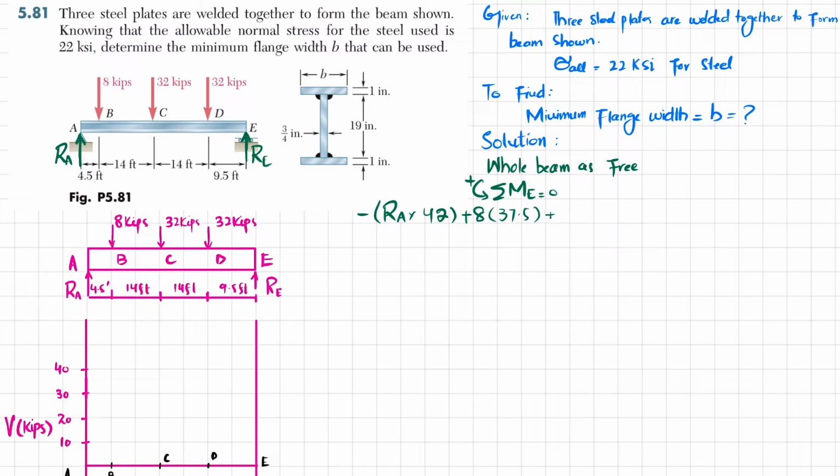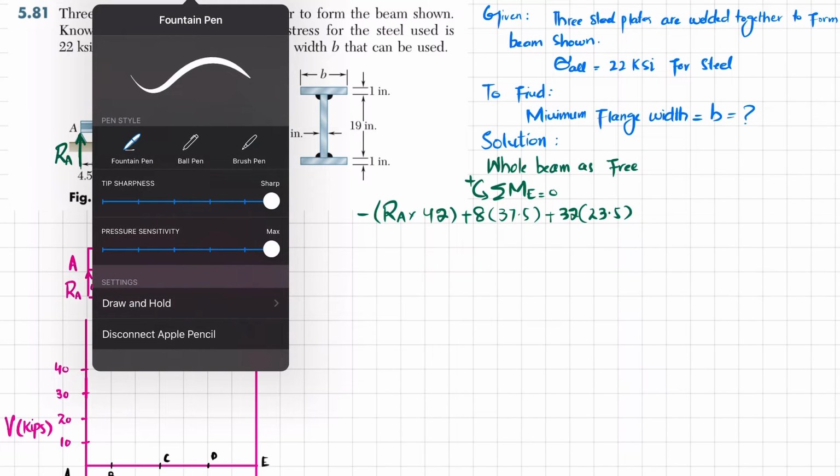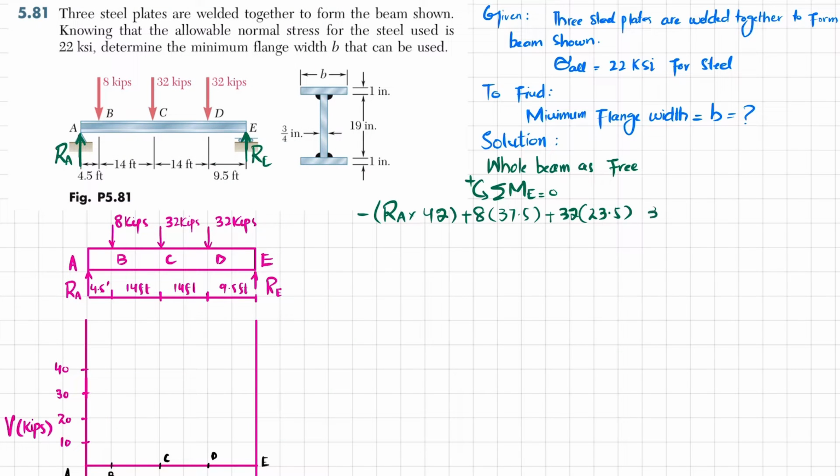Again plus 32 into perpendicular distance, which is 23.5. I will show you, from this to this distance, this total is 23.5. And the last one, which is 32 again, plus 32 into perpendicular distance 9.5.